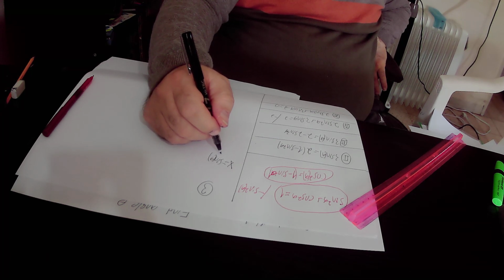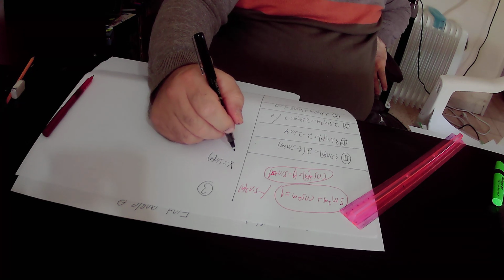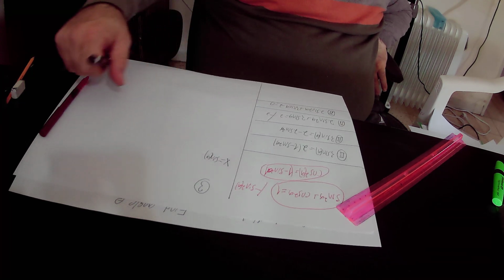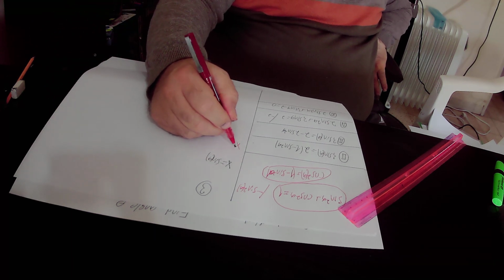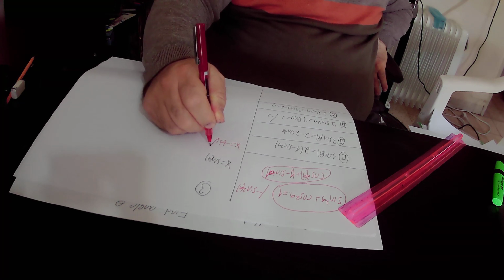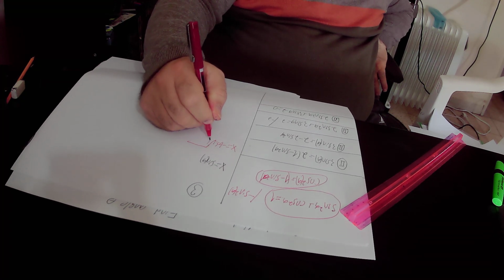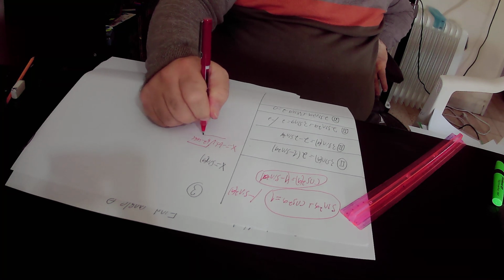And the formula to solve the quadratic equation is x equals minus b plus minus square root of b squared minus 4ac, over 2a.